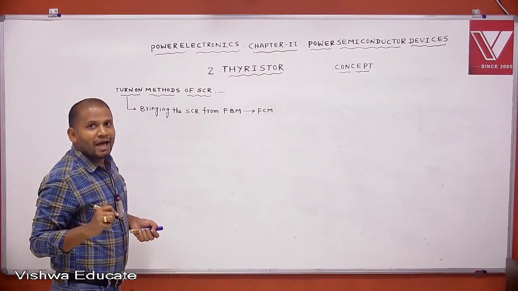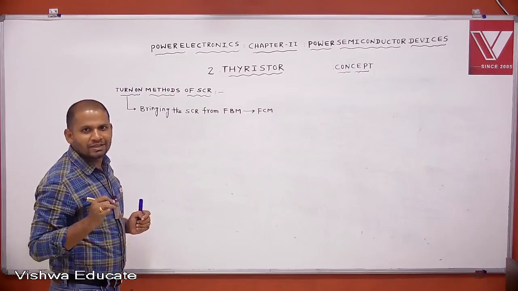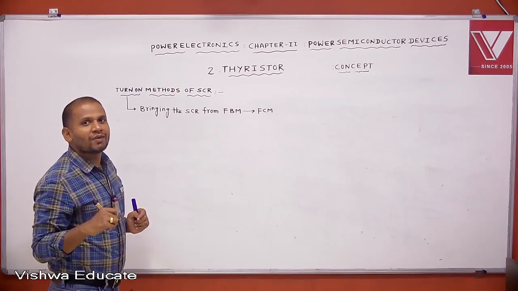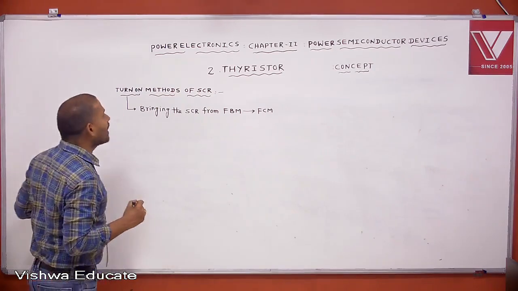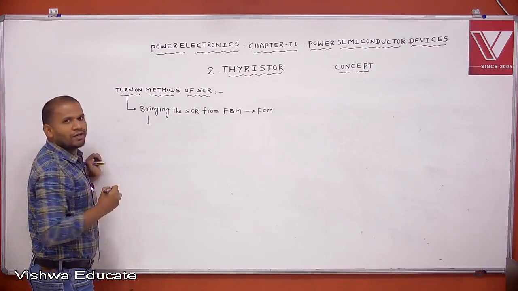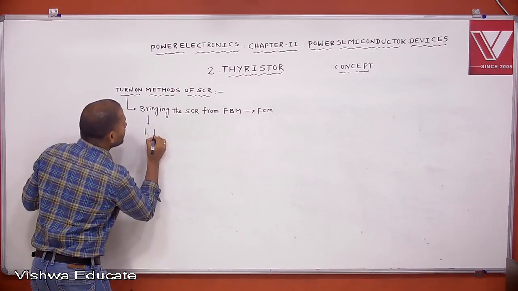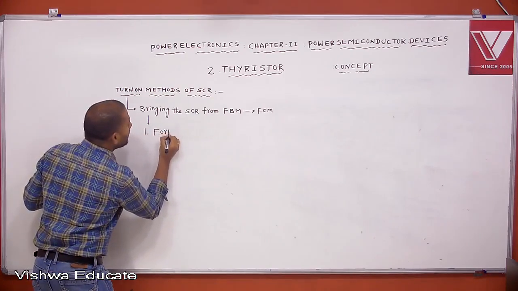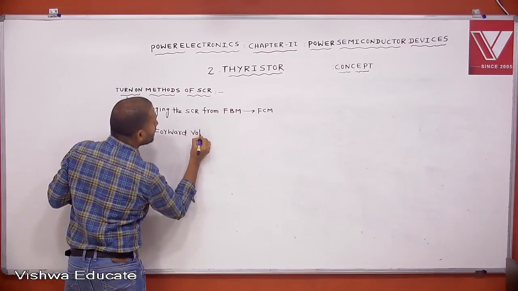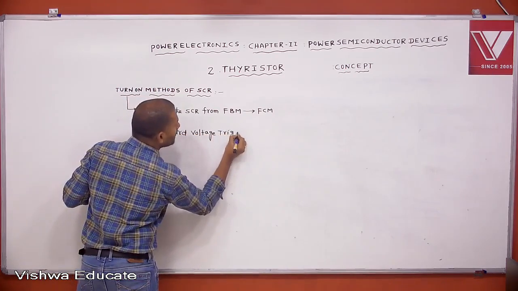To bring the SCR from the forward blocking mode to forward conduction mode, many methods are there. One is the forward voltage triggering method.